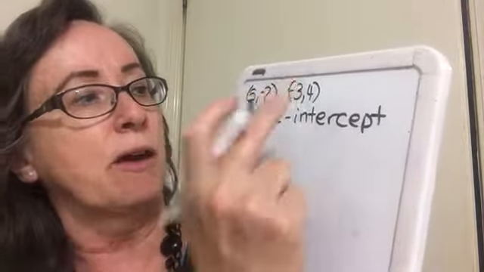Okay, so I wind up with the equation of the line is going to be y, let me see if I can write this real small. Y is m, and our m was -3/4, x plus 7/4.